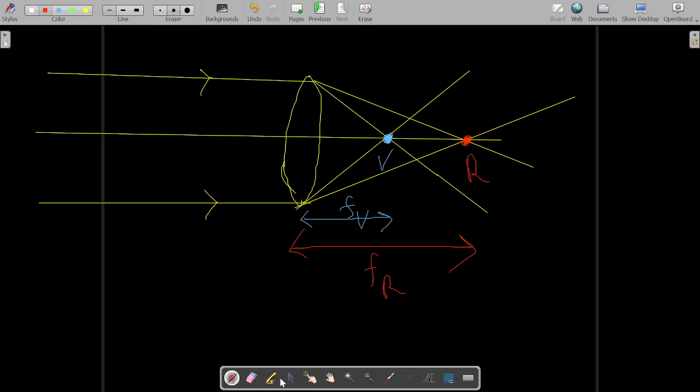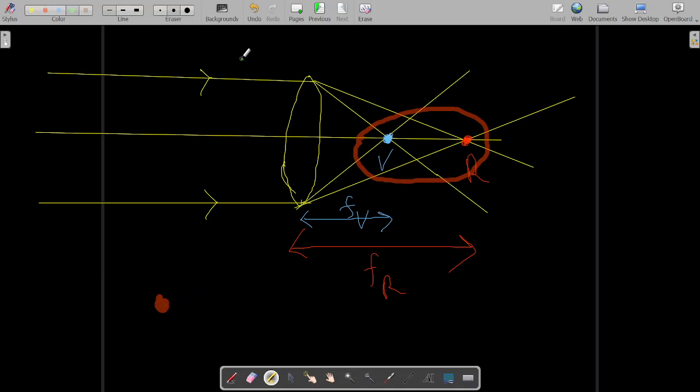As a result, the image will be blurred because the image is dispersed in this complete area. So instead of a point image being formed, a line is being formed over here.